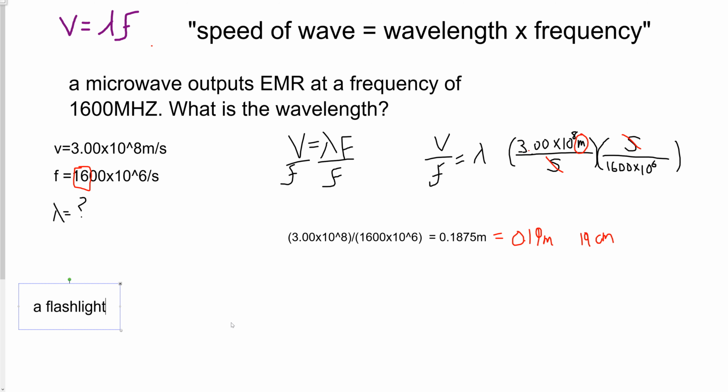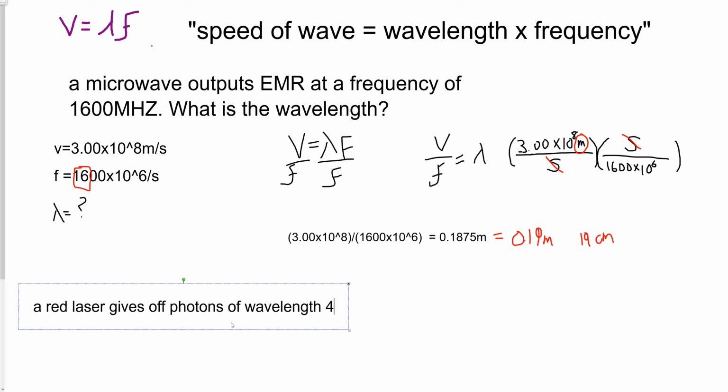Say, let's do a red laser. So a red laser gives off photons of wavelength 460 nanometers.